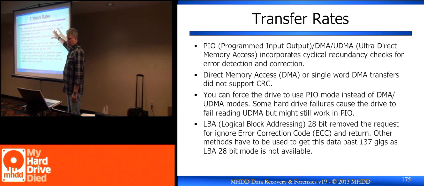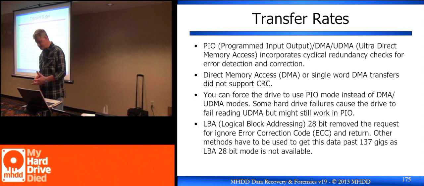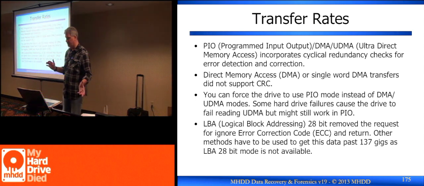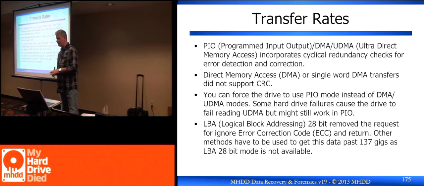Whatever the chips are that they're using, whatever the memory is on the board, it's the cheapest possible solution, it fails. When you switch to PIO mode, a lot of times the drive will actually be able to be read using PIO mode. Now, there's a verification process that doesn't happen. I don't really care because it actually still works. In the real world, regardless of what anybody tells you about the verification process, it works.